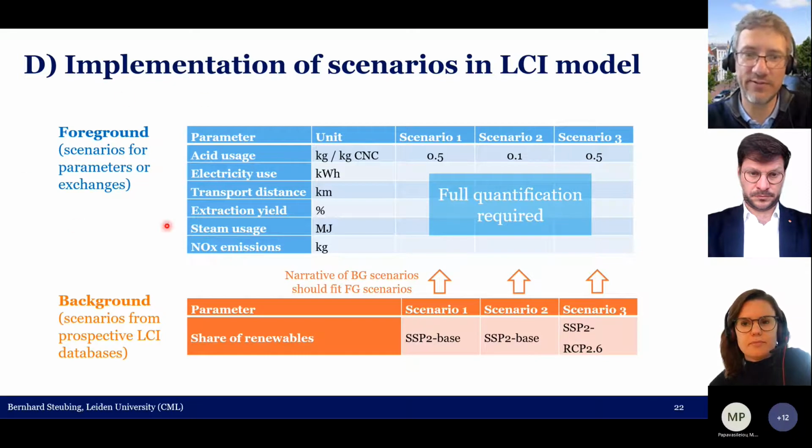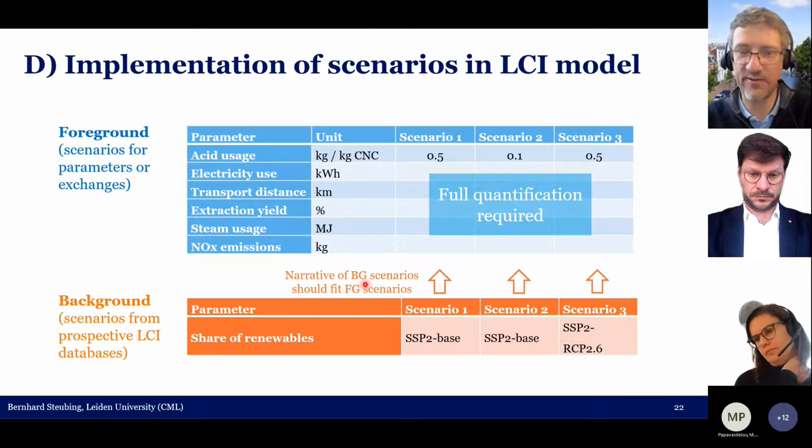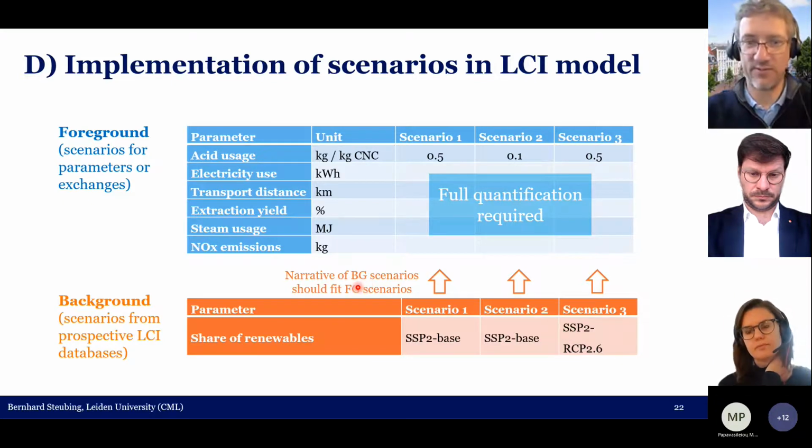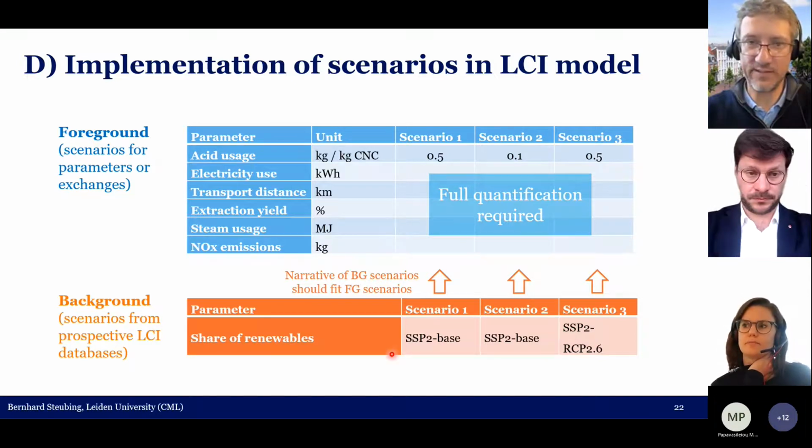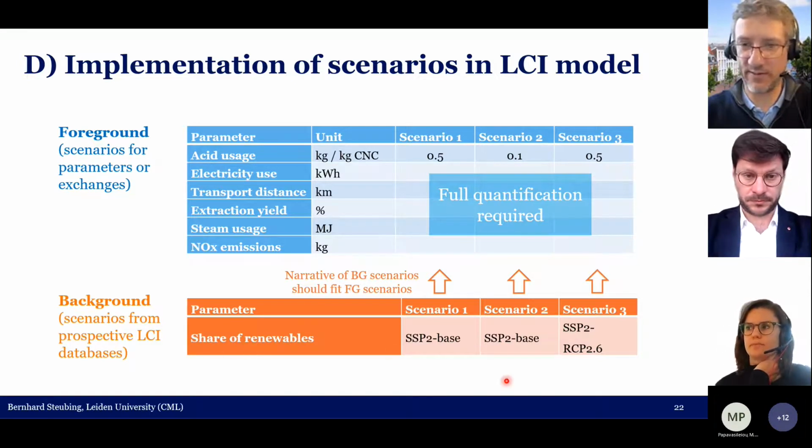And I'll show later today an example of how this file format could look like. And of course, we can use background scenarios if available to complement the scenario analysis and choose consistent background scenarios with the foreground scenarios.